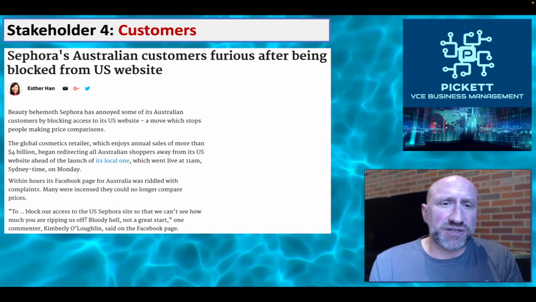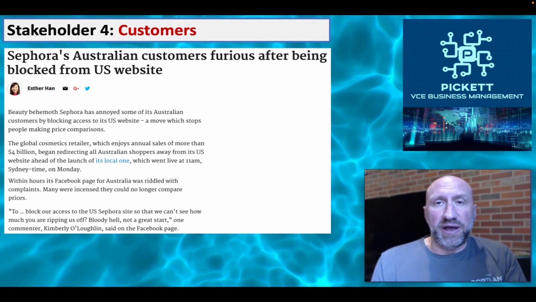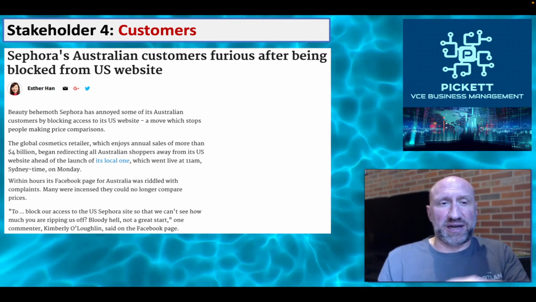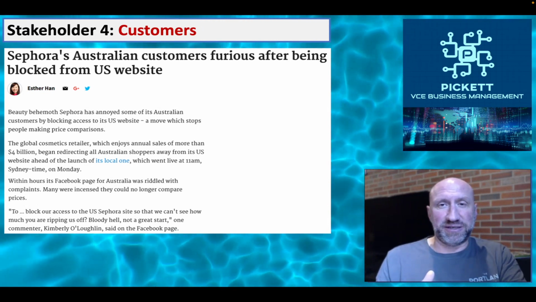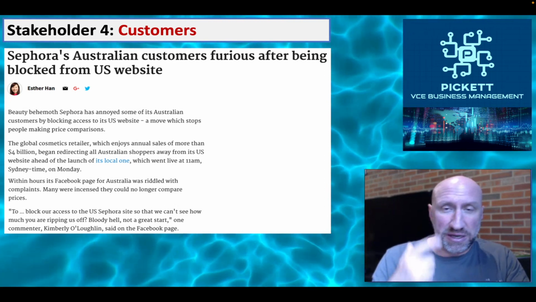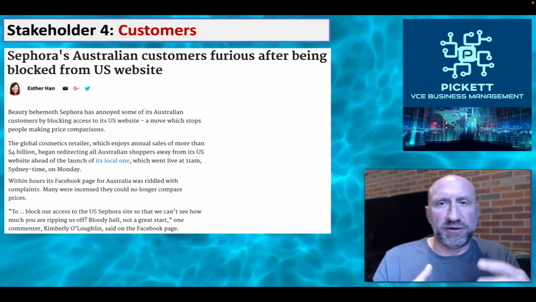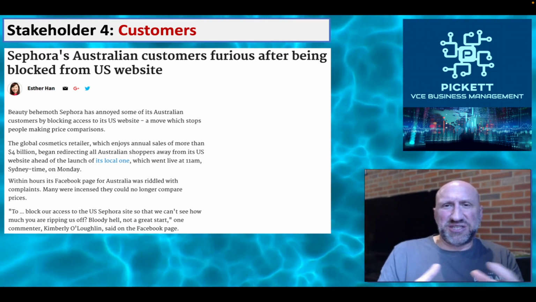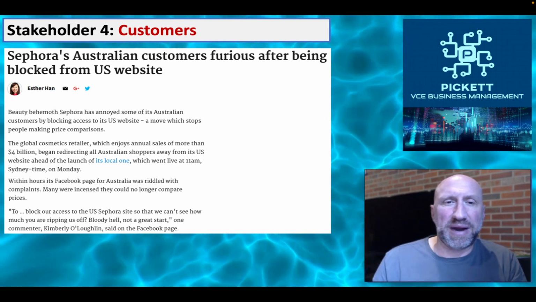And what they found was that for some reason it was a lot more expensive in Australia. And that was annoying. So basically what Sephora did was just block access to the US website from Australia so that people could no longer make those comparisons. And Sephora customers felt that they were being a bit sneaky and hiding the fact that they were ripping us off.